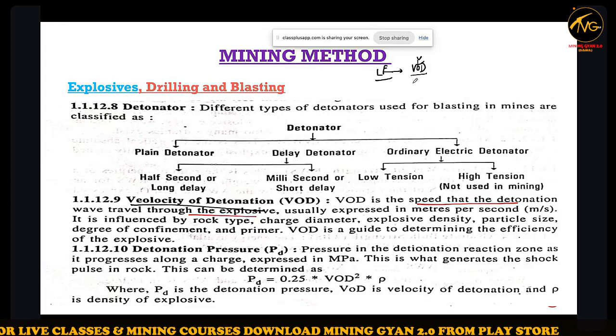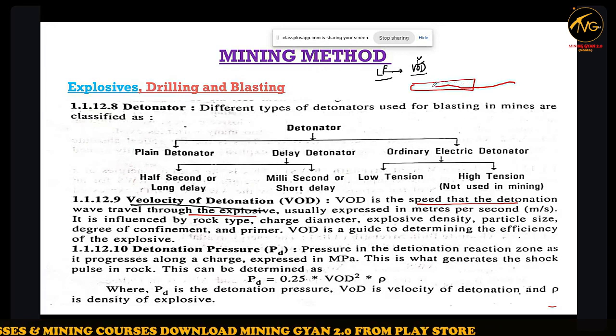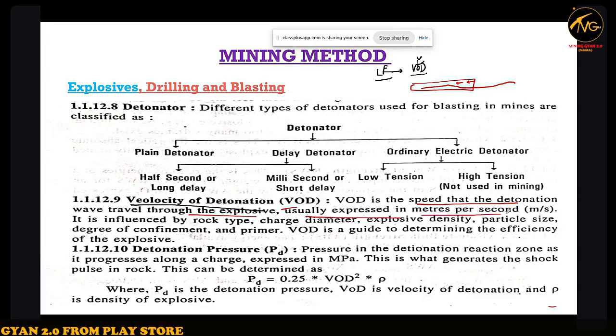That means if this is your explosive, it will burn. So the speed that the detonation wave travels through the explosive is usually expressed in meters per second, written in m/s.